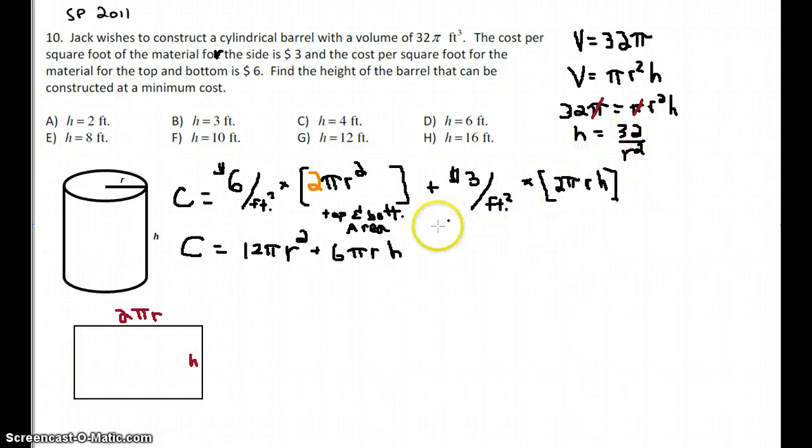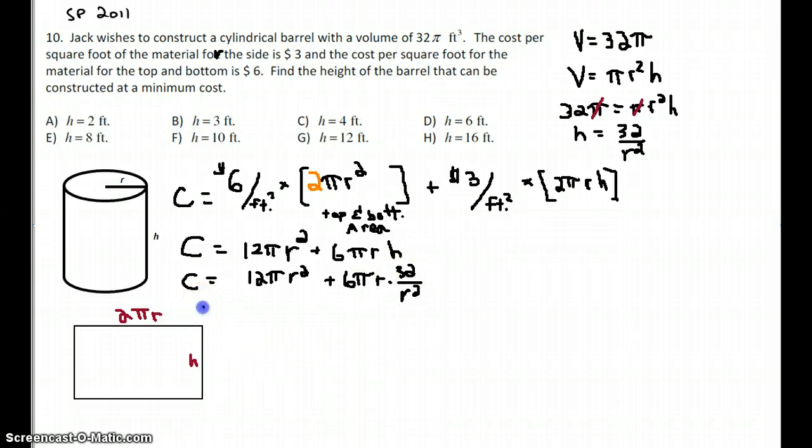Knowing that h is 32 over r squared, we get 12 pi r squared, and if we multiply 32 over r squared by 6 pi r, that'll give us 192 pi over r.